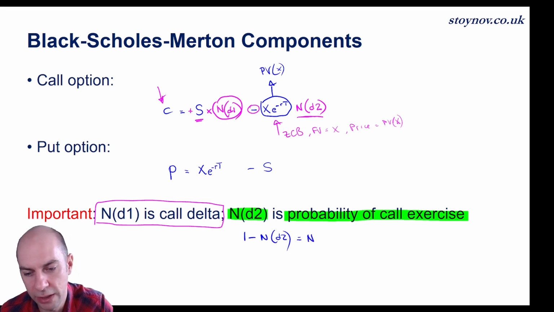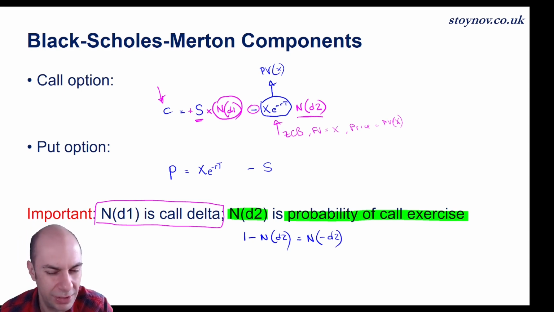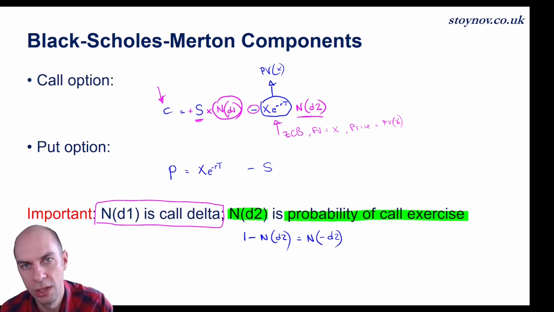Mathematically, that's equivalent to N of minus D2. So that's something that I would have taught you at level 1 quants. Believe me, that is the case. So I will be receiving the strike, but only if the put gets exercised.